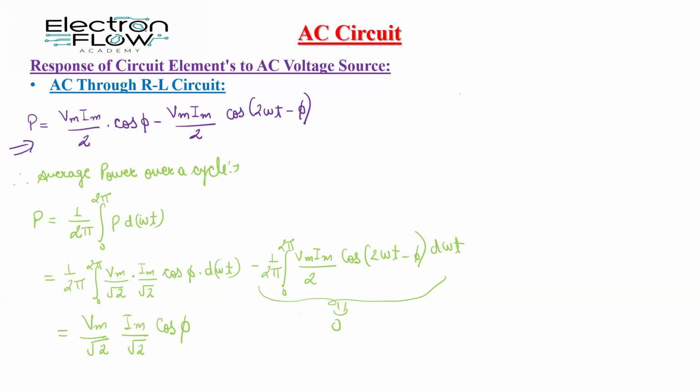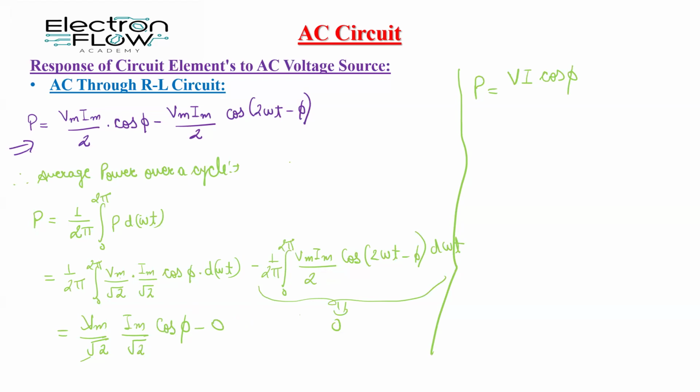So from here I get the power is equal to, we can see that this is the maximum value divided by root 2, which is equal to the RMS value. So the RMS value of the voltage and the RMS value of the current multiplied by cos phi.